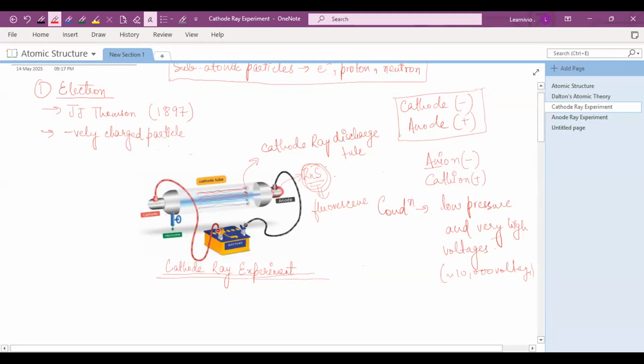When some rays strike it, this zinc sulfide will show a bright color spot, a bright light. And the bright light shining here will be easily observable.